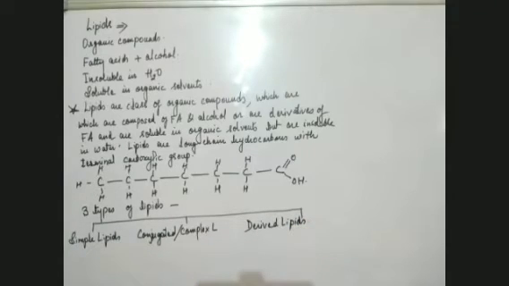So we have three types of lipids: simple lipids, conjugated lipids, and derived lipids.